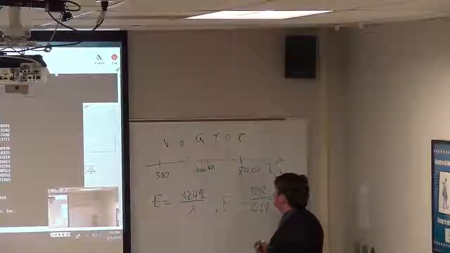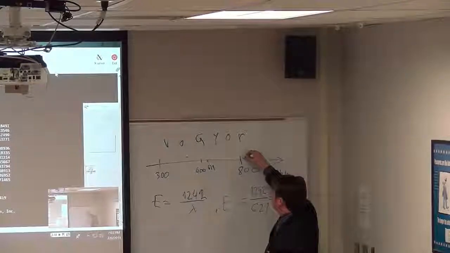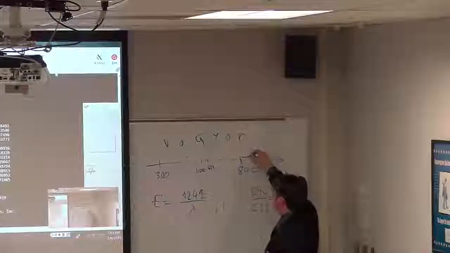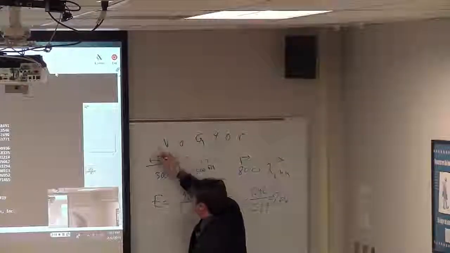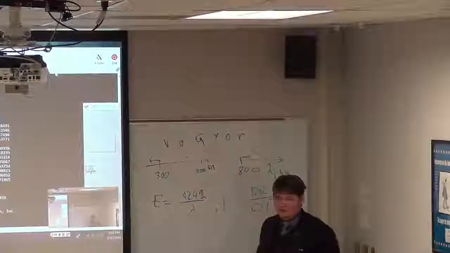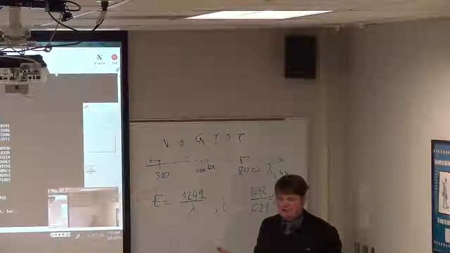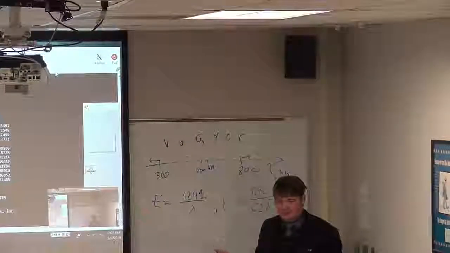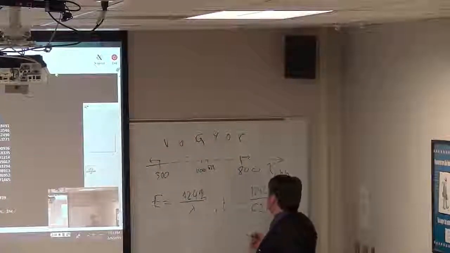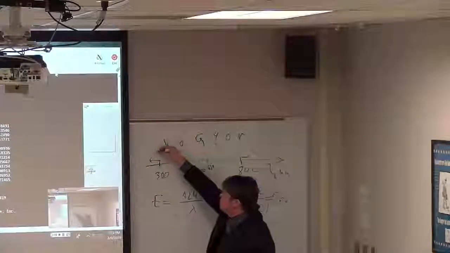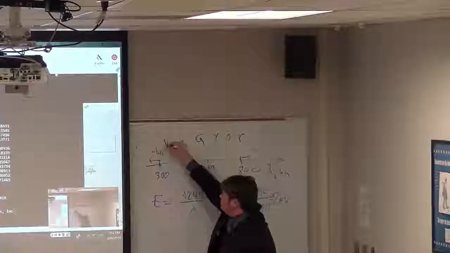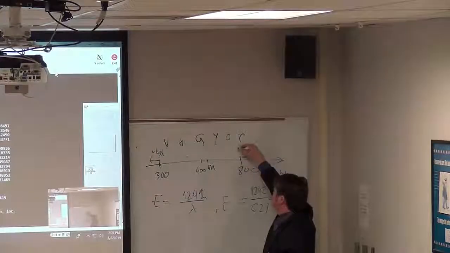So anything with wavelengths larger than 800 and smaller than 300 will be invisible for the human eye, or it will appear either white or black or transparent. So 300 will be around 4 electron volts, and 800 will be around 1.5 electron volts, right?